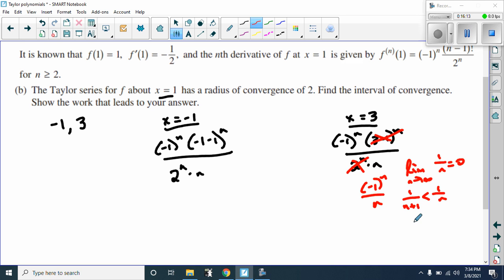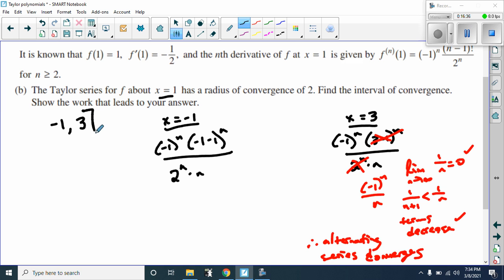So my terms are decreasing. Therefore, this alternating series converges. So at x equals 3, we have a convergent series.